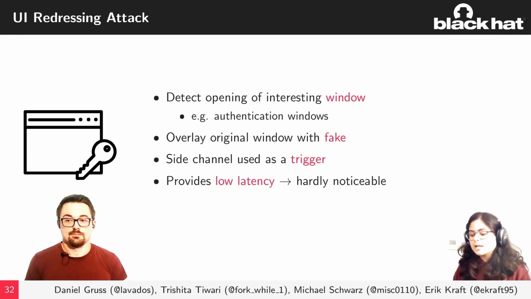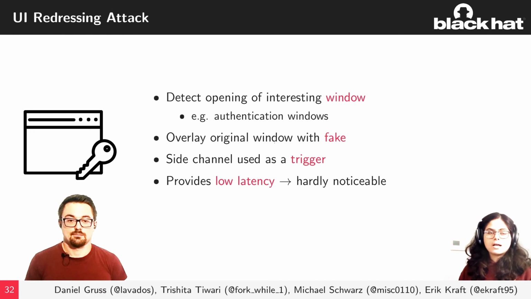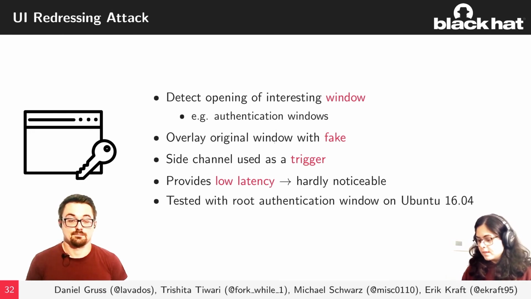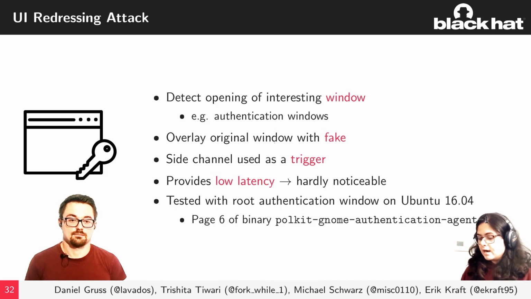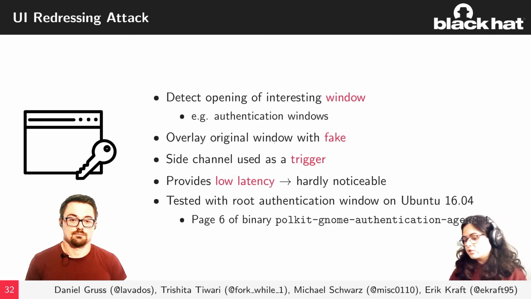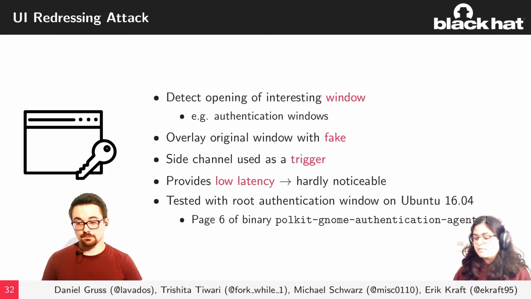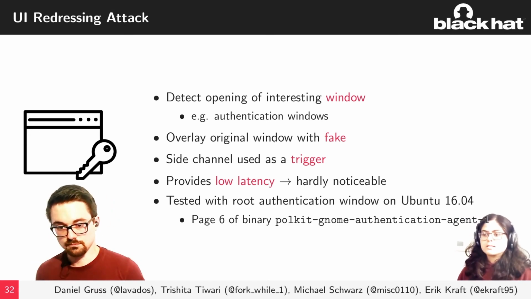This provides a very low latency and hardly noticeable attack because it's very fast. You can detect this very quickly and overlay your fake window. We tested this with a root authentication window on Ubuntu 16.04, and the page in question that the attacker had to detect was page 6 of this library file. We'll show a demo of how this whole process works.